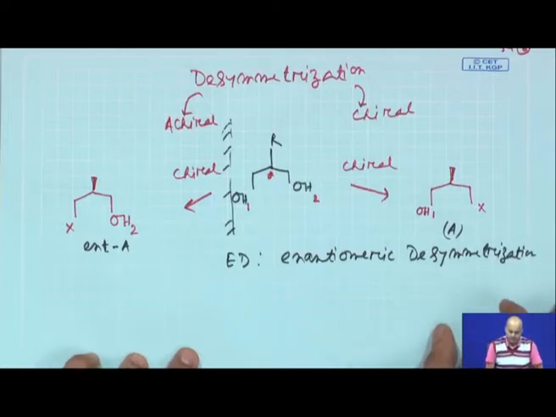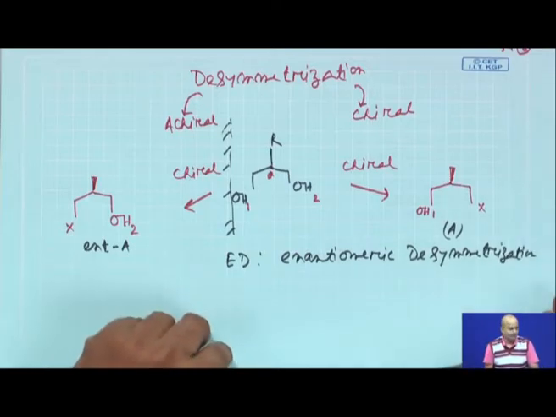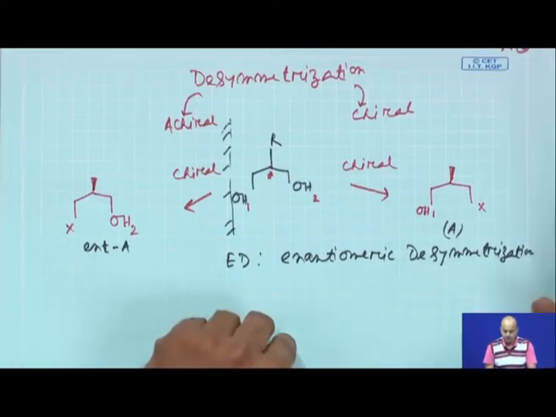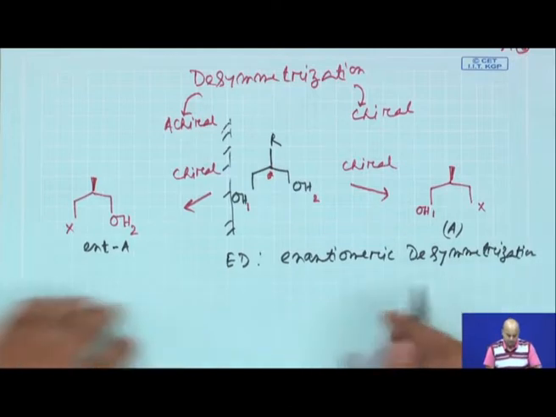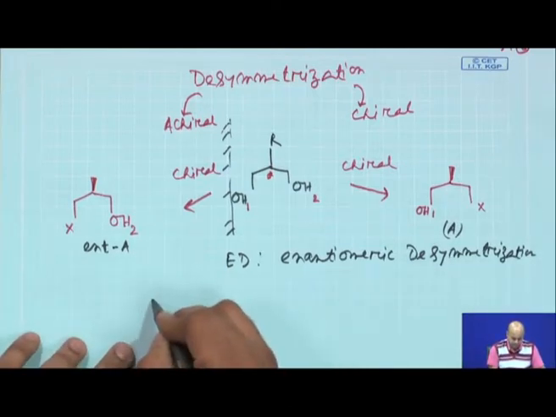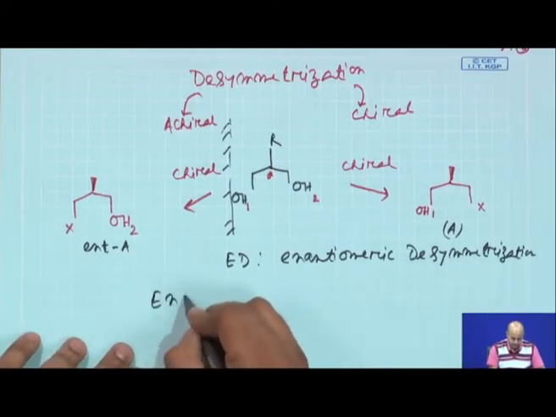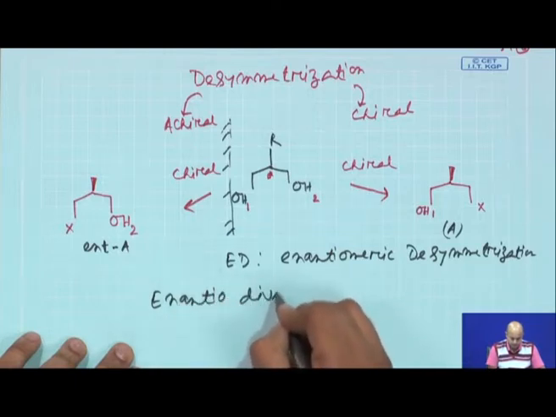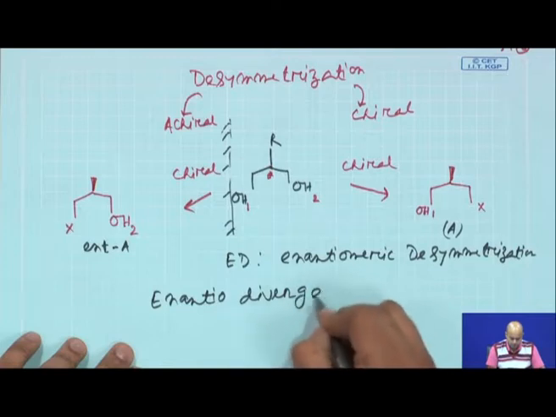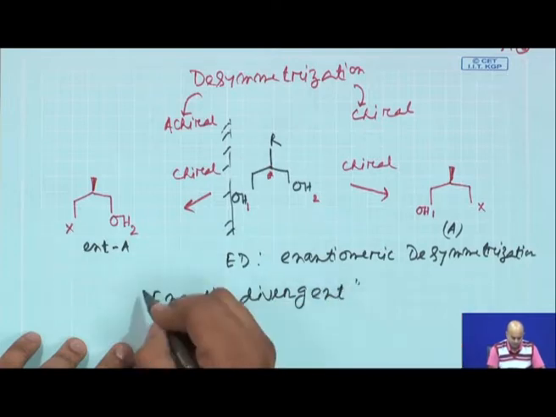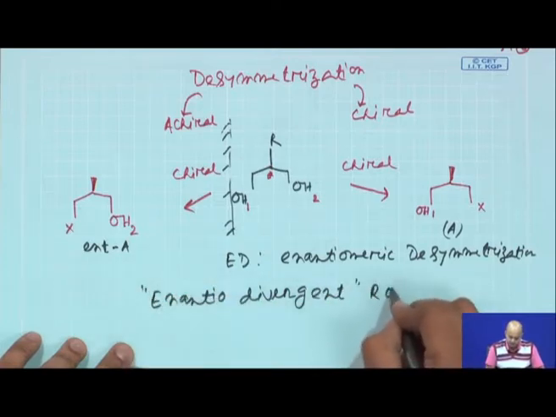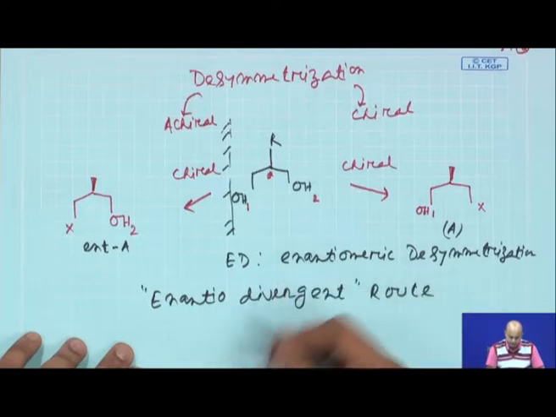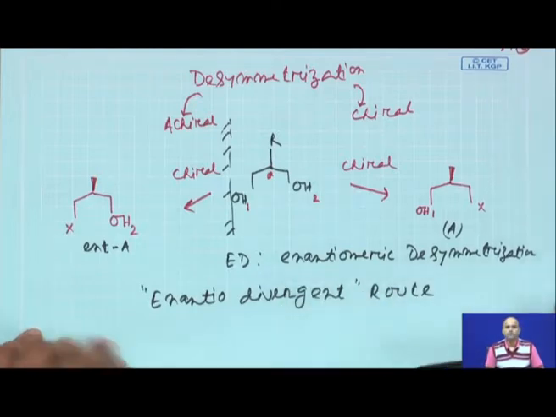Now, enantiomeric desymmetrization is sometimes also very important. I will explain another terminology, which is enantiodivergent. Desymmetrization and enantiodivergent are in principle very similar concepts.